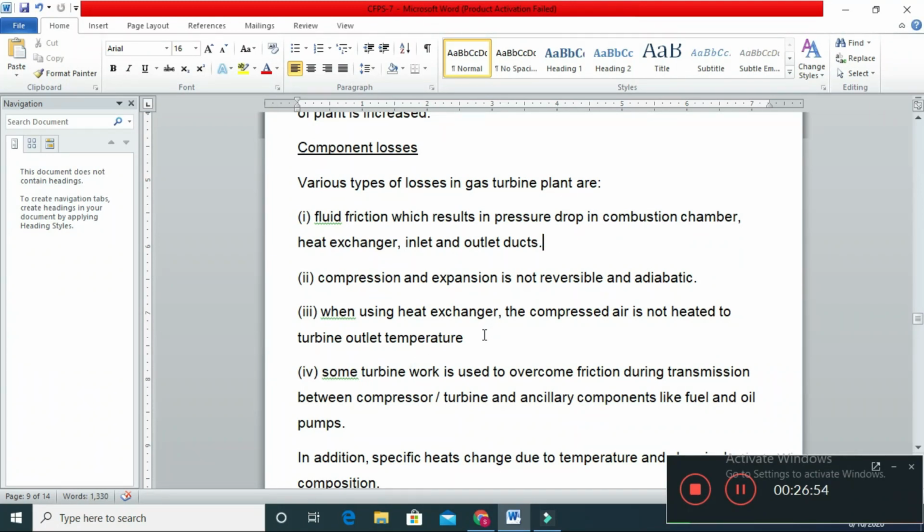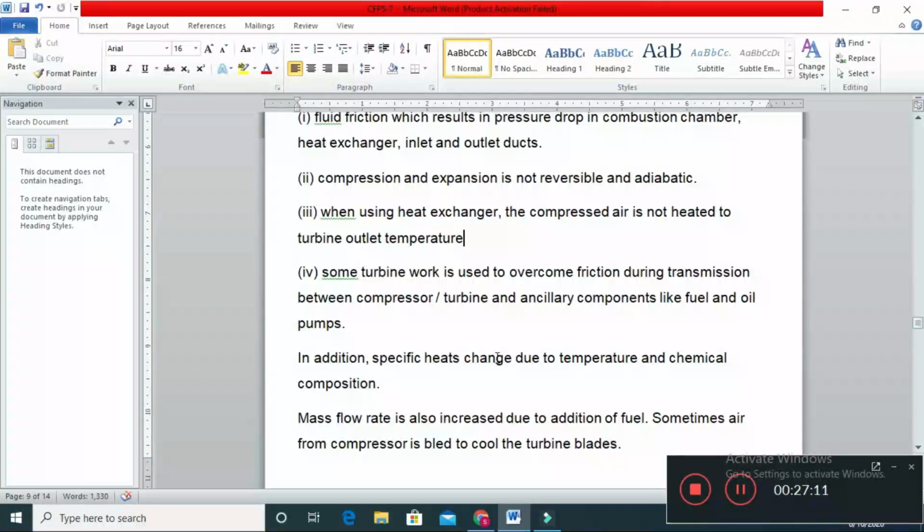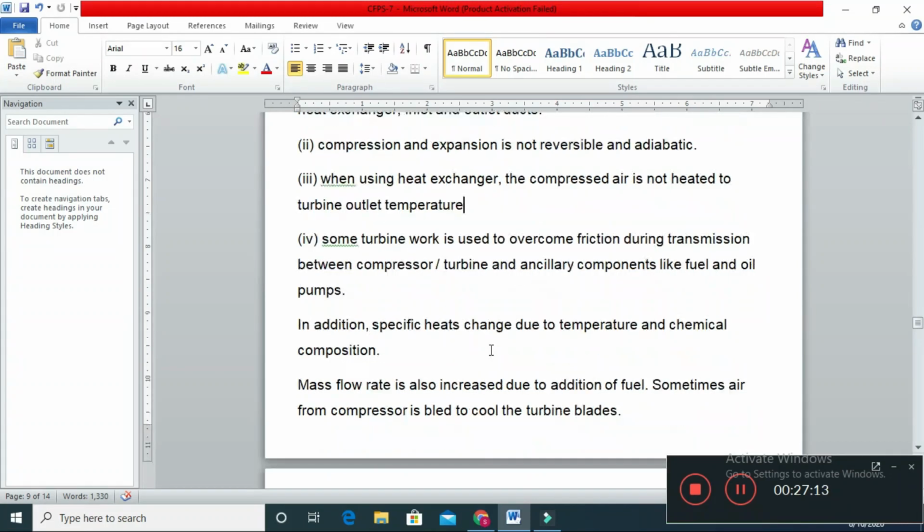Then for the derivation we assume that when using the heat exchanger, the compressed air is heated to the turbine outlet temperature, but this is not the actual case. Then the turbine work is not only used for the shaft power and compressor, it is also utilized in overcoming friction during the transmission of compressor and turbine, and for other components like fuel and oil pumps.